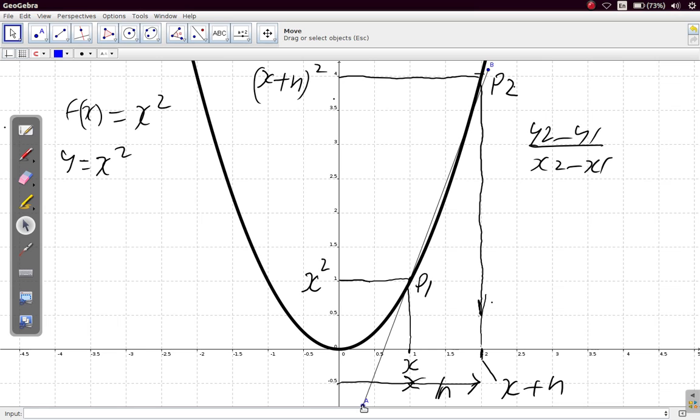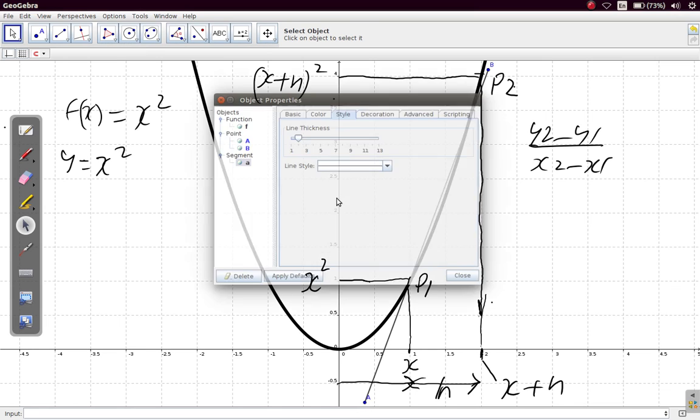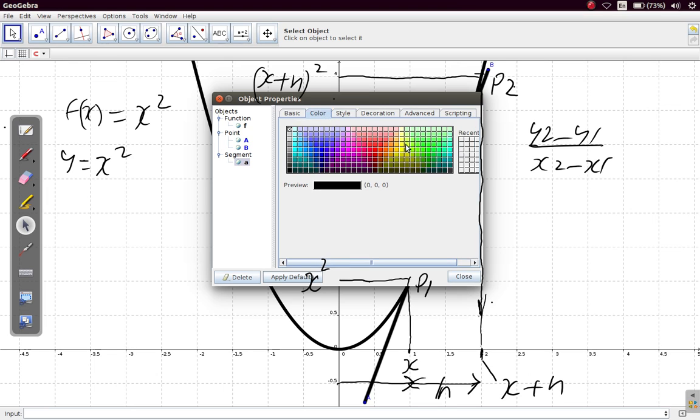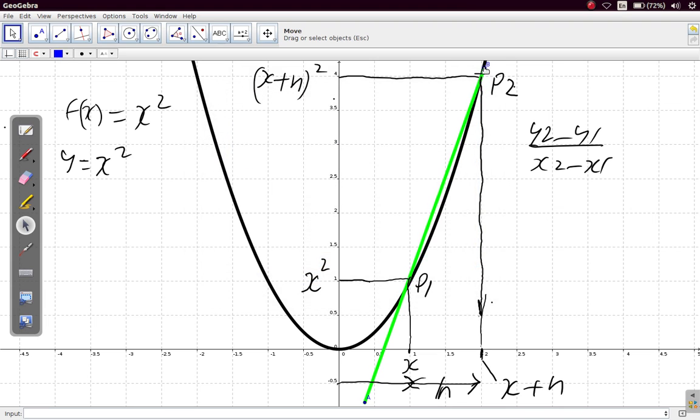Let me make the line a bit thicker and change the color to some type of greenish. So this is our line that passes through P1 and P2.